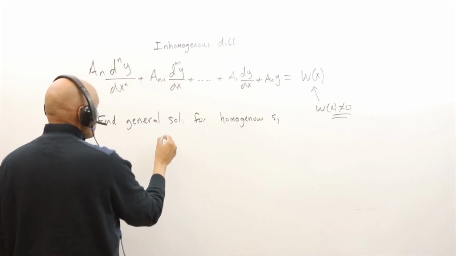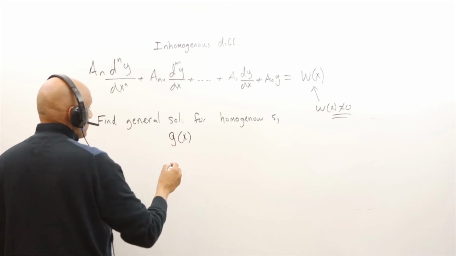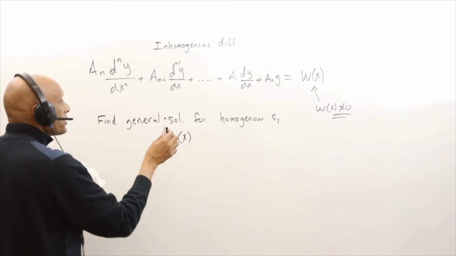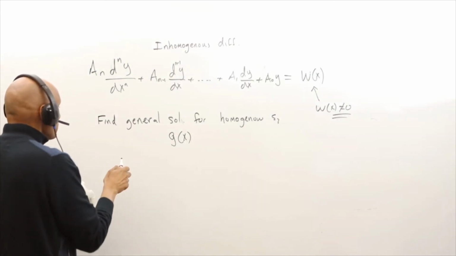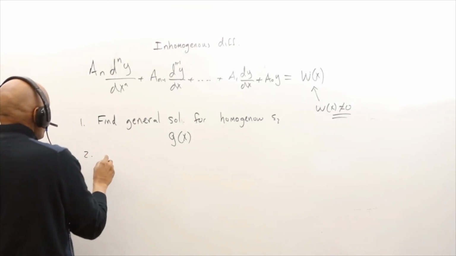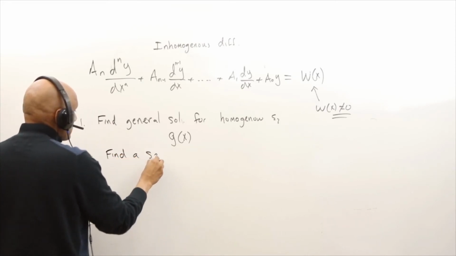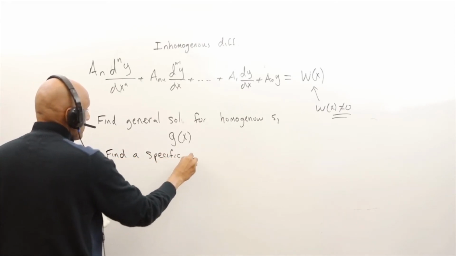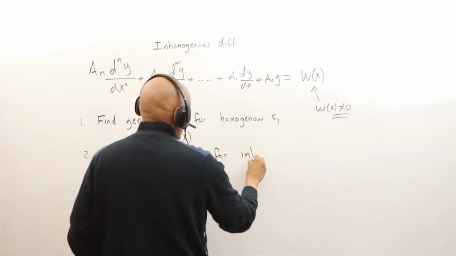I'm going to call this general solution g of x. That's the general solution g of x for the homogeneous equation where this is 0. Once you find the general solution, that's step number 1. Step 2 is to find a specific solution for the inhomogeneous equation.